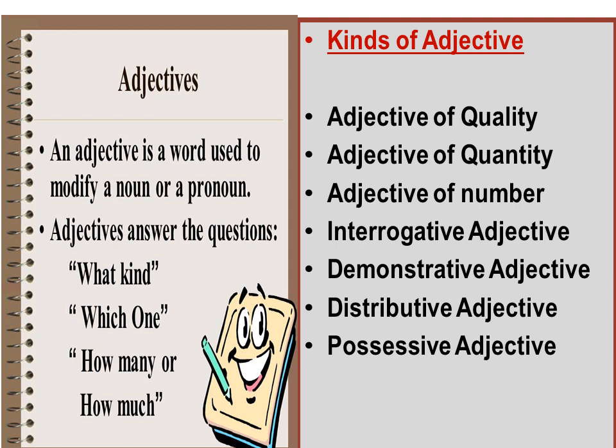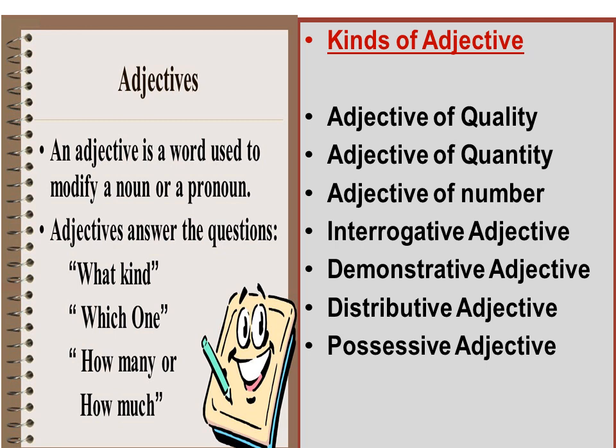Adjectives answer the question what kind, which one, how many or how much. And the different kinds of adjectives that we learned are adjective of quality, adjective of quantity, adjective of number, interrogative adjective, demonstrative adjective, distributive adjective and possessive adjective.